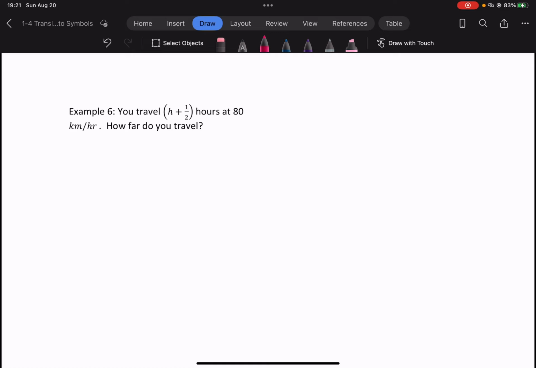So we know that our distance equals rate times time. Anytime you see hours, we know it is a time. You see something per hour, I know it is the rate. So my rate is 80. My time is H plus 1/2. So D equals 80 times H plus 1/2.